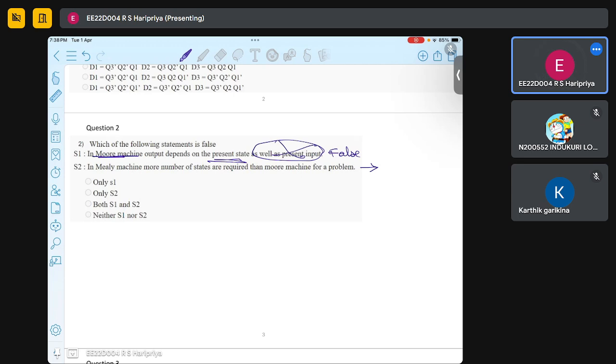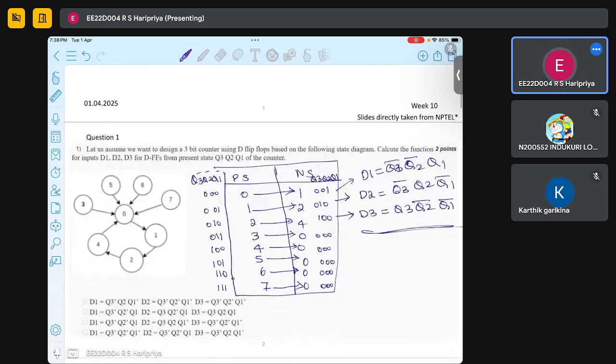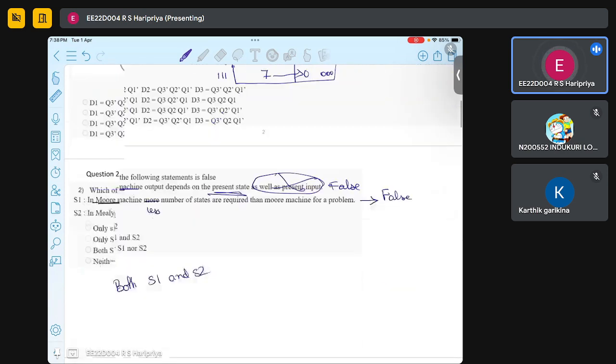Not more, it consists of lesser states. So this is also false. The answer is both S1 and S2. Just the method: based on this Q1, Q2, Q3, how we are taking, and D1, D2, D3, how we are taking, equations may change.